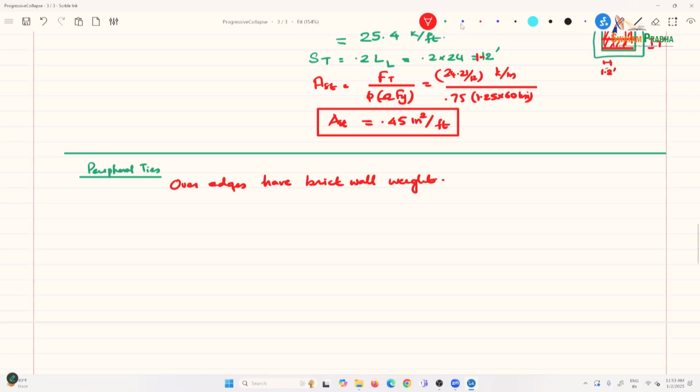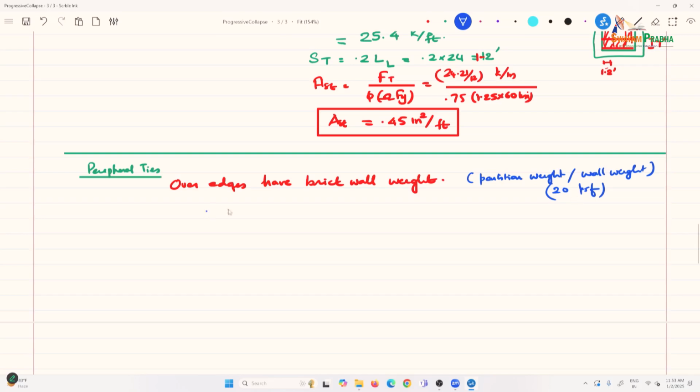So partition weight is basically the wall weights, and this was included at 20 pounds per square foot. Those are the partition loads.